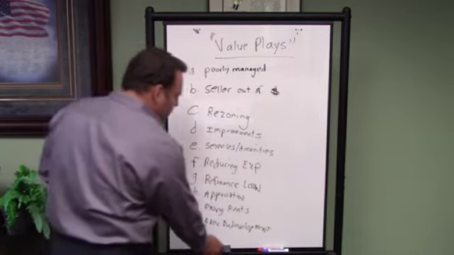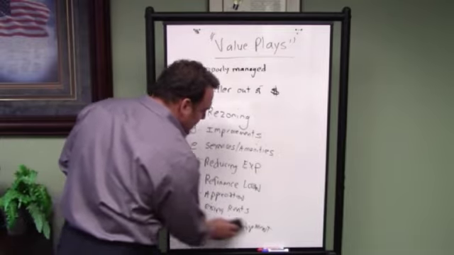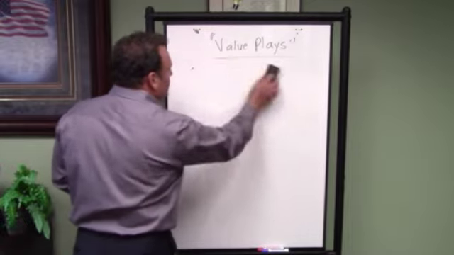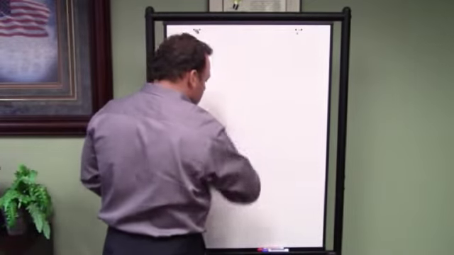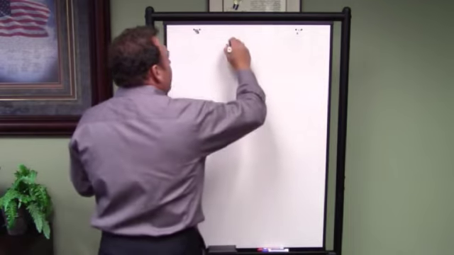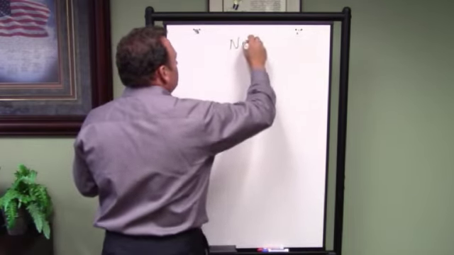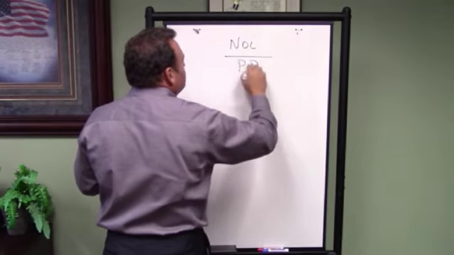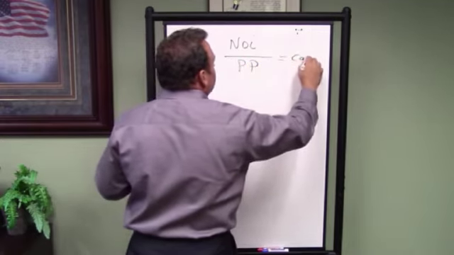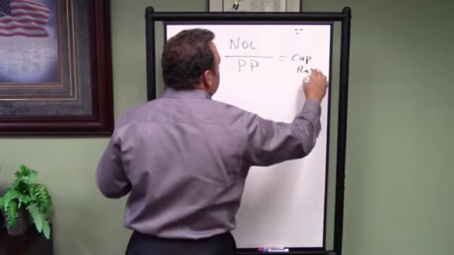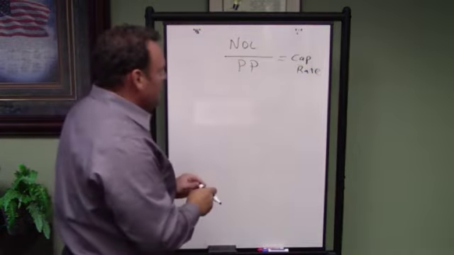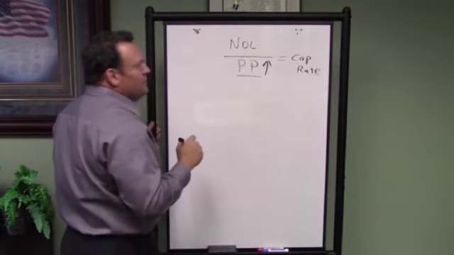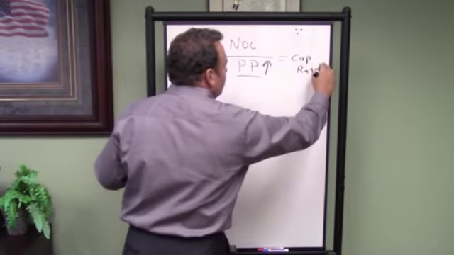And again, if you don't get that, let me explain it again with cap rate and the relationship to price. So we said NOI divided by the purchase price equals your cap rate. The bigger the denominator, if this goes up, the cap rate must go down.